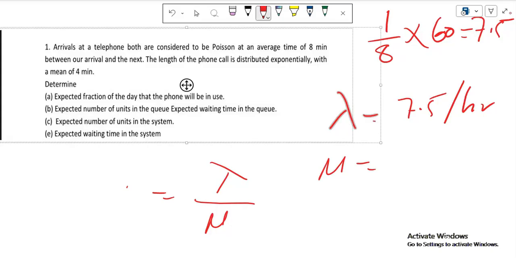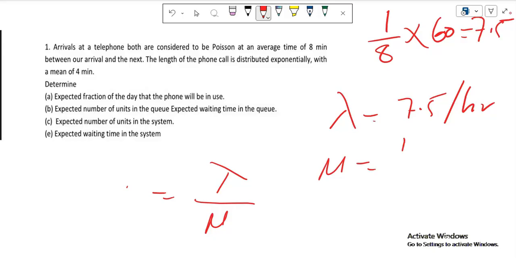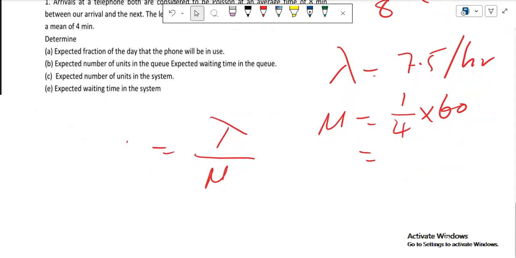If one call takes 4 minutes, how many calls will there be in 60 minutes? We just divide 60 by 4, and that will give us 15 per hour. So this is the amount of time we are going to be engaged in an hour.